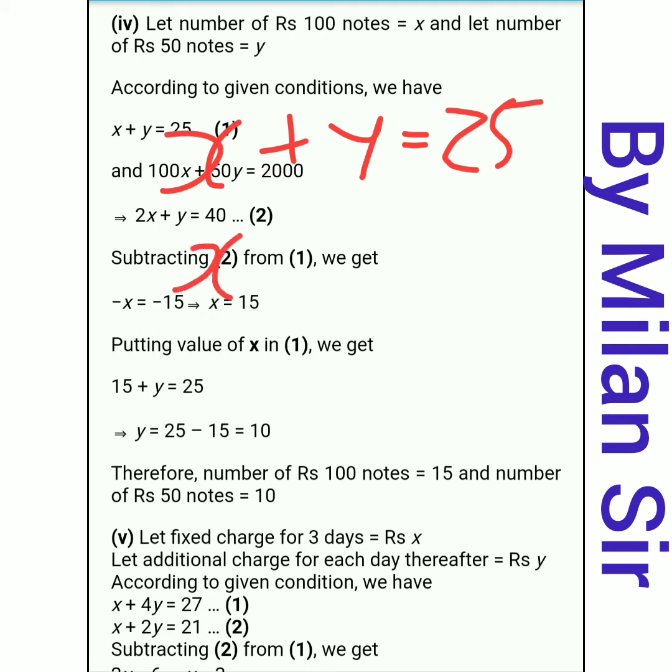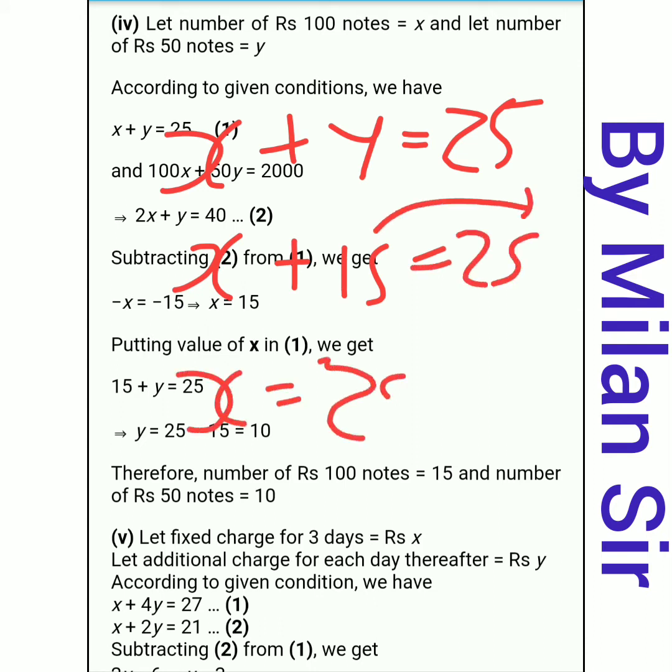Put y equals 15 here. Now transfer 15 to the right-hand side, it becomes minus 15. So x is equal to 25 minus 15, which is 10. So x is equal to 10, y is equal to 15. So number of 100 rupees notes is equal to 15 and number of 50 rupees notes is equal to 10.